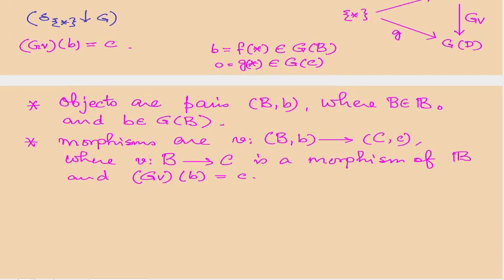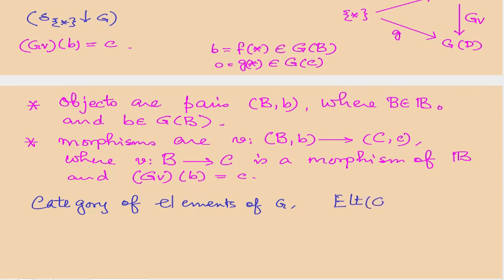So this is often called the category of elements of J, and is usually denoted by this.